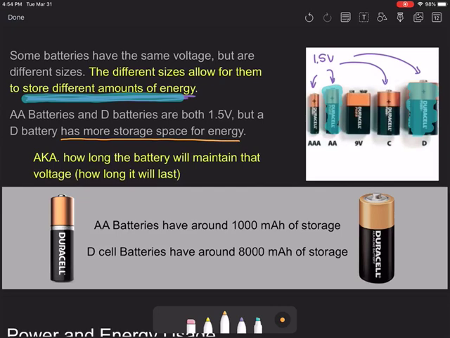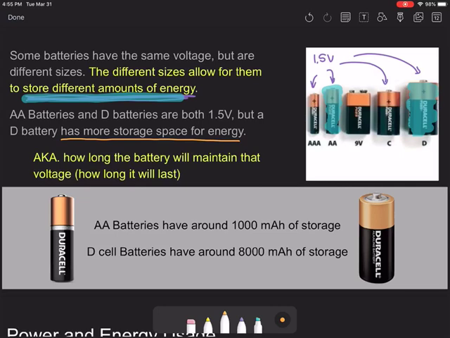Whereas the AA being smaller will have less storage space for energy. What does storage space for energy mean? That just means how much longer it will last. So a D battery will last much longer than a AA battery, in terms of how often I have to change my battery. They will both give the same amount of potential difference, just the larger battery will last longer.